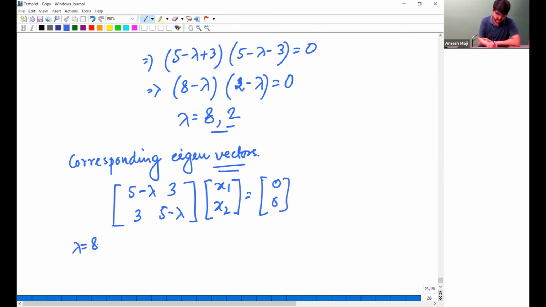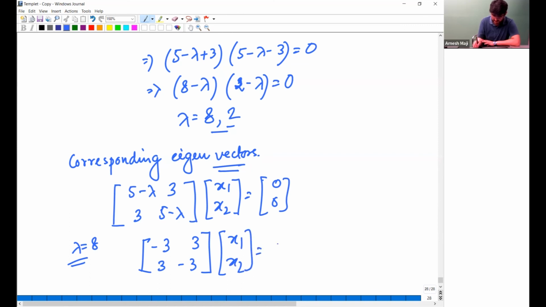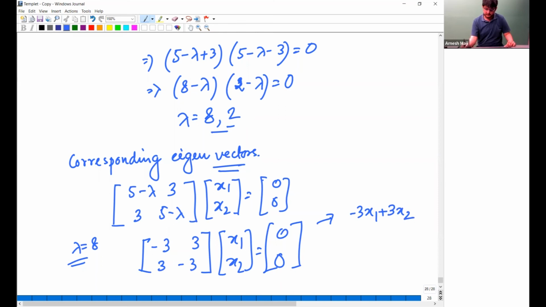For lambda equal to 8, the first and second rows are almost identical; if we multiply the second row by -1, like any linear combination, this gives x1 equal to x2. We put any value of x1, and if x2 is equal to that, the vector is an eigenvector corresponding to the eigenvalue 8.